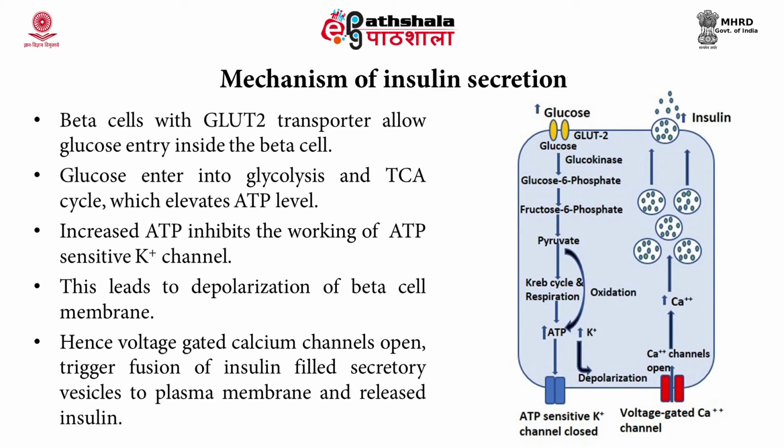This leads to production of adenosine triphosphate. Elevated levels of ATP inhibit the working of ATP sensitive potassium channels. Because of the decline of potassium outflow, there is depolarization inside the cell.